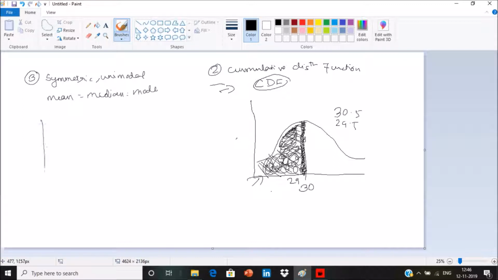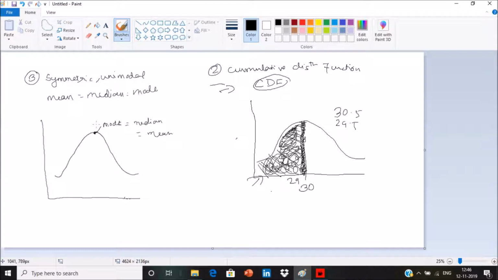So let us draw a normal distribution curve to substantiate this point, right? Now a normal distribution curve would look like this. The coincidental part is that the highest point, which is always the mode, is actually in the center, which leads it to be equal to the median as well as the mean.